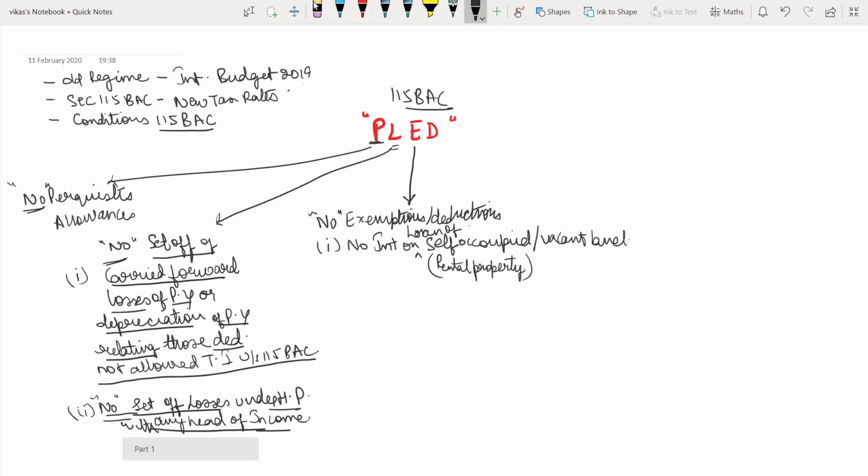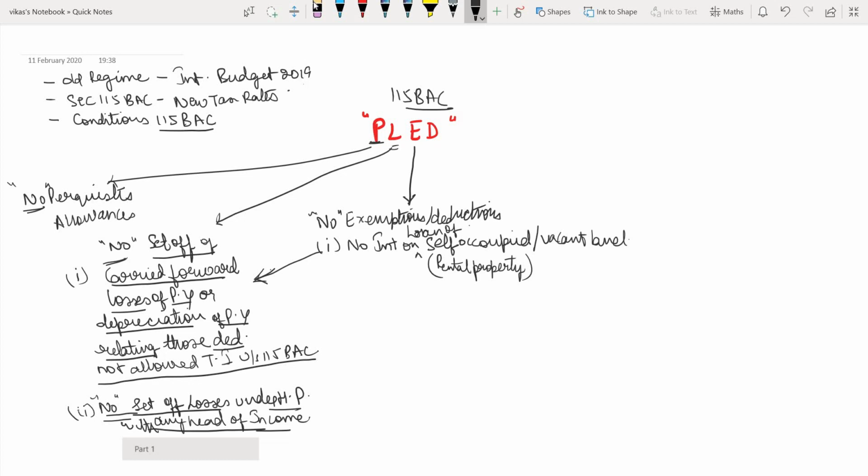Interest on loan of self-occupied property can be set off with income of house property, however it cannot be carried forward. Interest on loan for rental property can be carried forward, and can be set off only against the income under the head house property.